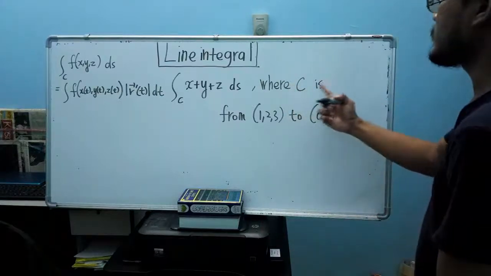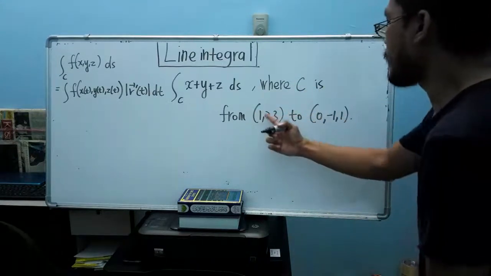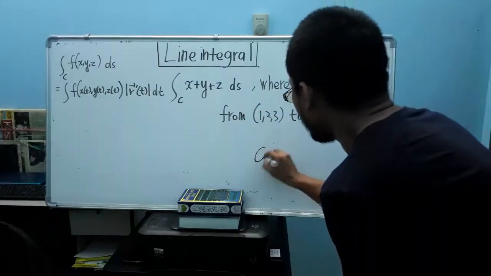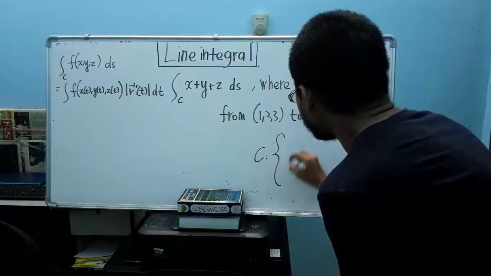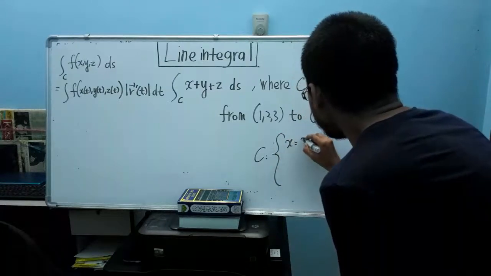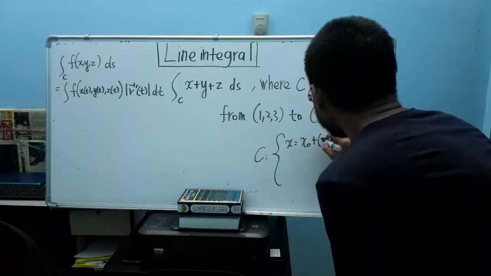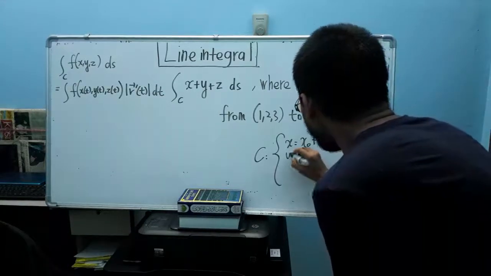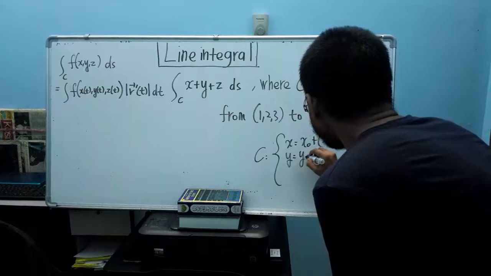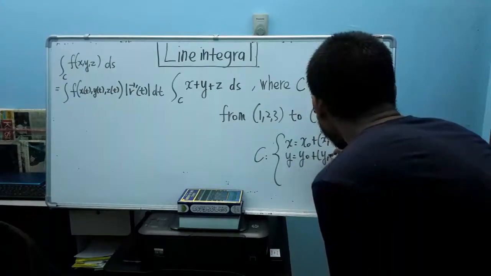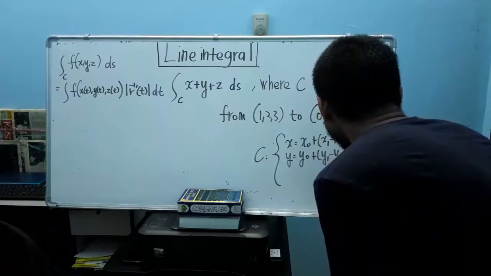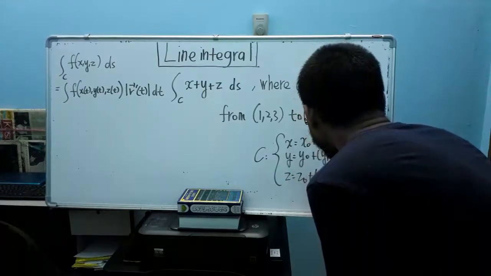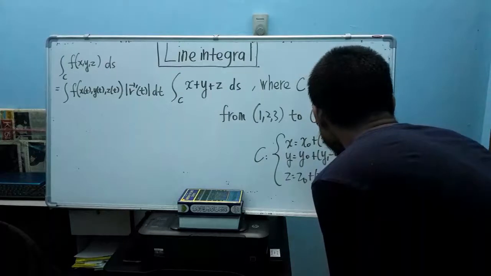Since C is the line segment from (1, 2, 3) to (0, -1, 1), I will have C equal to x = x0 + (x1 - x0)t, y = y0 + (y1 - y0)t, and z = z0 + (z1 - z0)t.